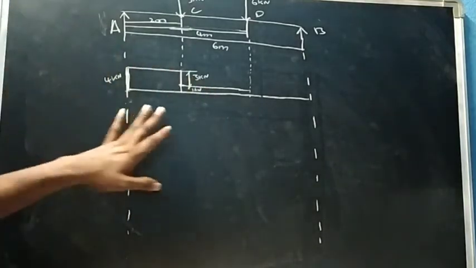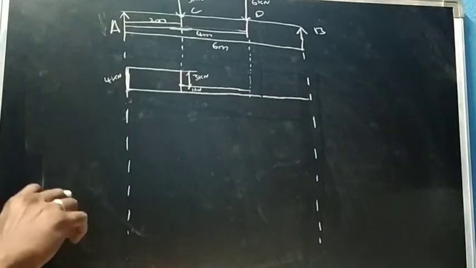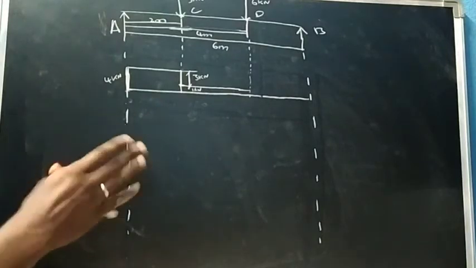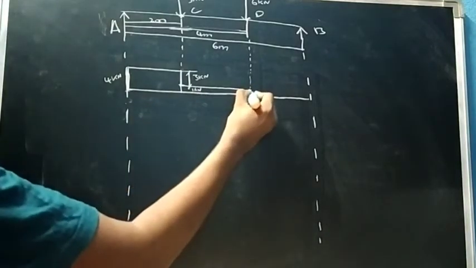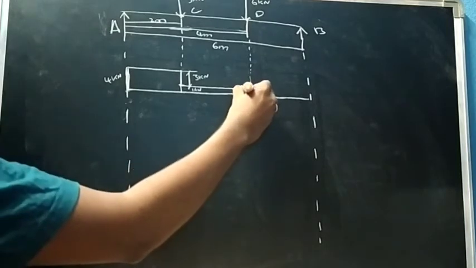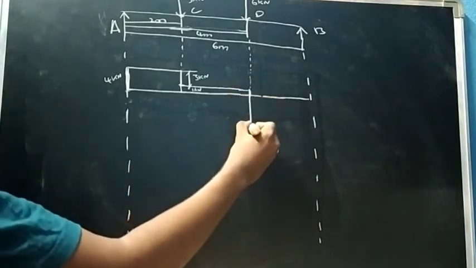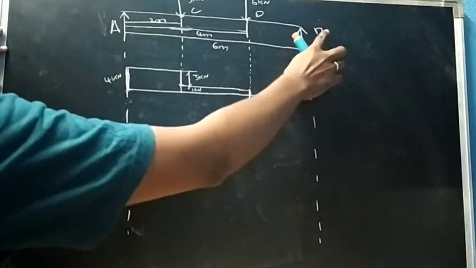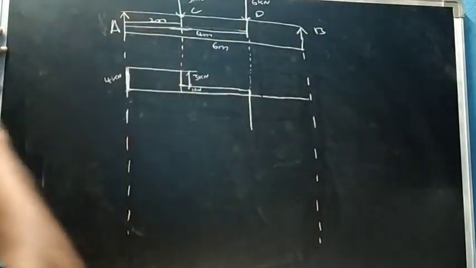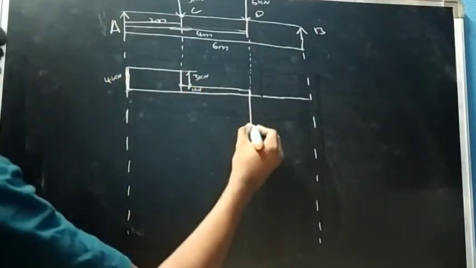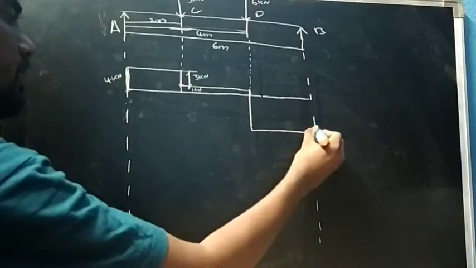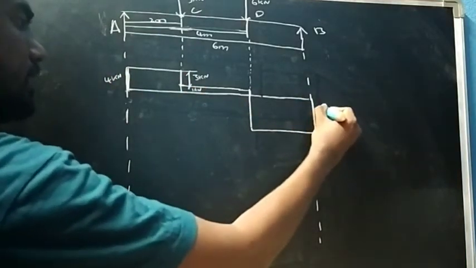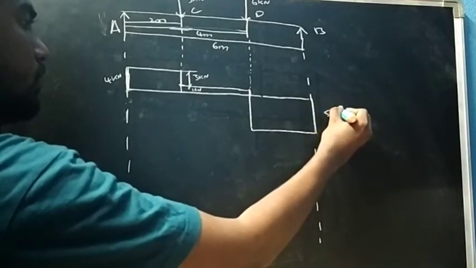Okay, clear? Now it is going into negative, so first it will come to 0 and then go into negative, up to 5 kilonewton, because the value of shear force at B is minus 5. So that extends till B, that is 5 kilonewton.